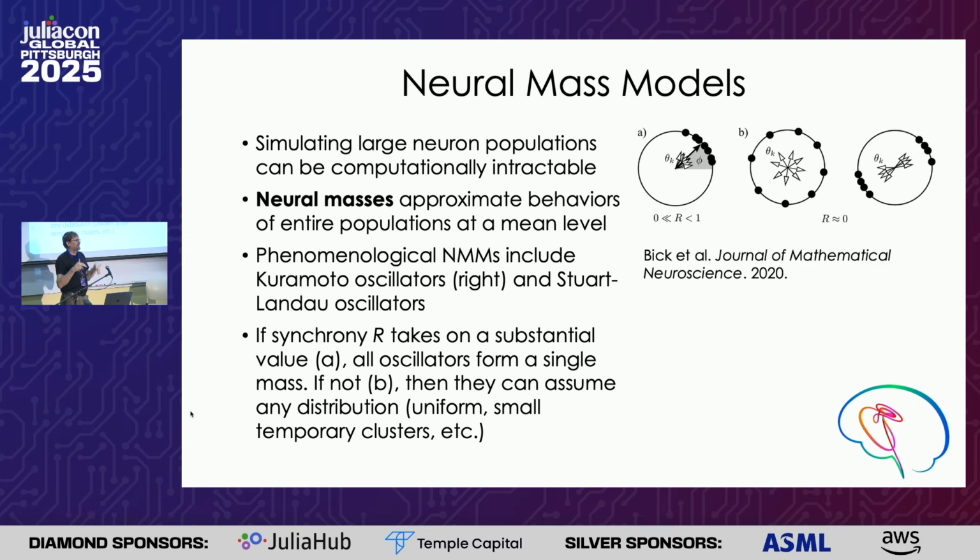It's a very similar idea to the ideal gas law. We have 10 to the 23 atoms, we have no idea what they're doing, they're running around, kicking each other. Can we describe on an average level what they do? Very similarly, they developed neural mass models, which are essentially mean field models of neurons.